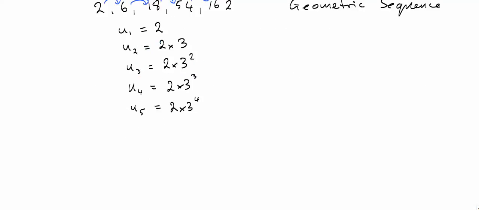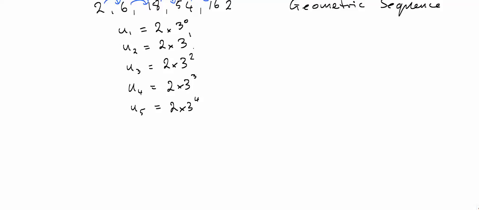So looking at the pattern, we see that the first term 2 is in each term, and then we multiply by the common ratio, the number 3, to the power of, well, for the first term we can say that is 2 times 1, or 3 to the 0. For the second term we've got 2 times 3, we could call that 3 to the power of 1, and subsequently we have the third term 2 times 3 squared, the fourth term 2 times 3 cubed, the fifth term 2 times 3 to the 4.